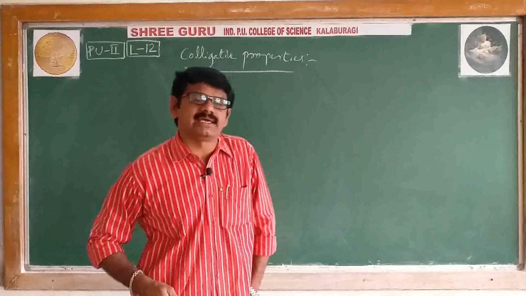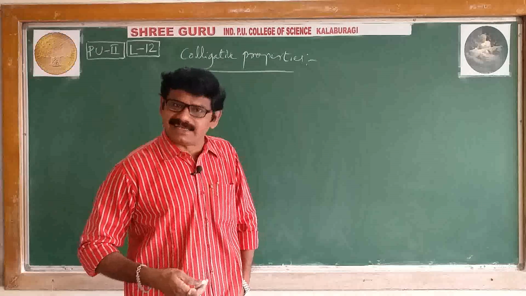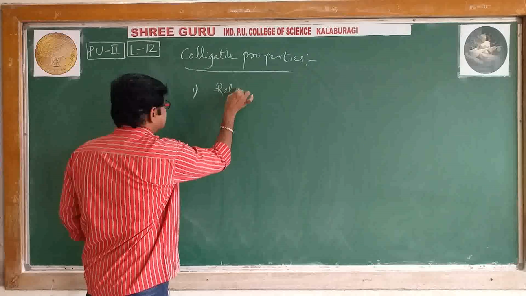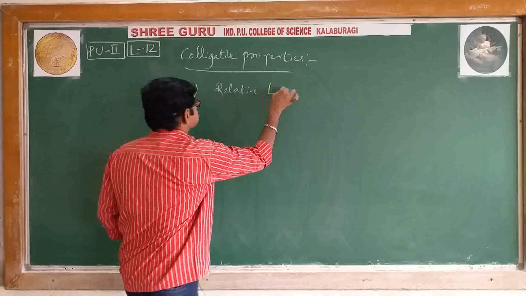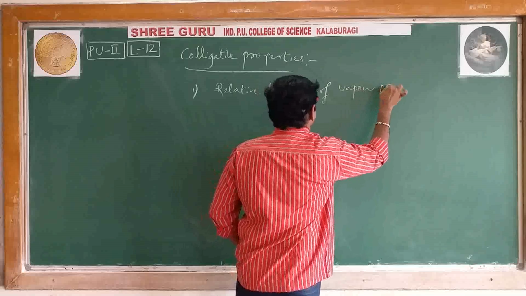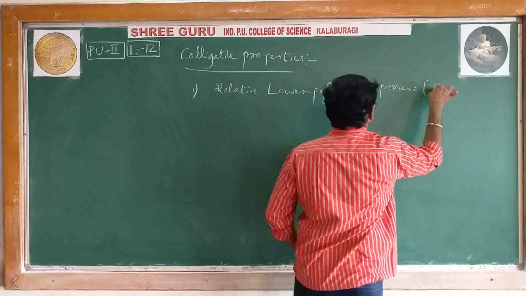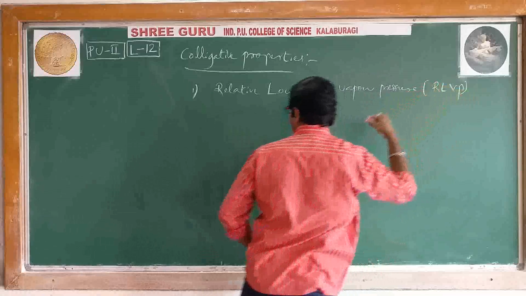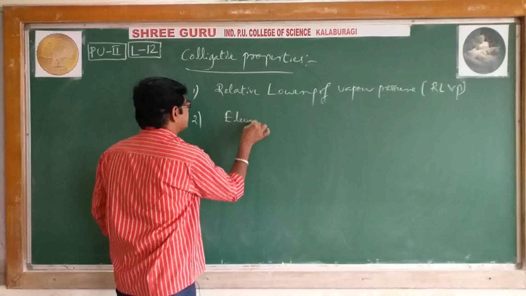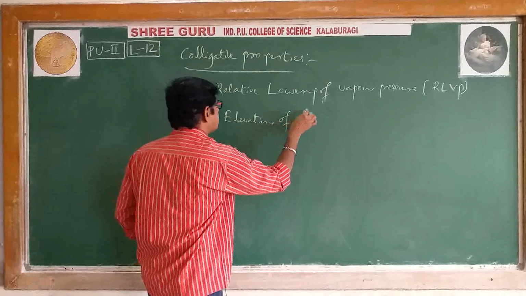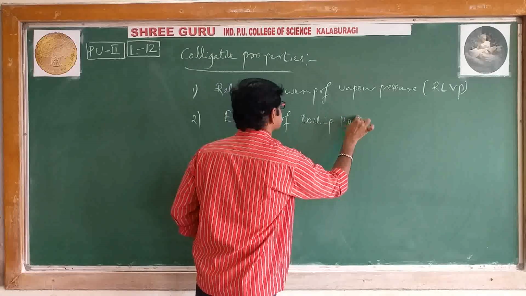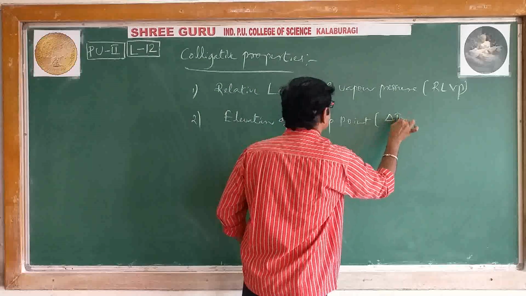Then in total how many colligative properties are there? Let's see the list of various colligative properties. First colligative property is relative lowering of vapor pressure, called RLVP. Second one is elevation of boiling point, which is designated with delta TB.